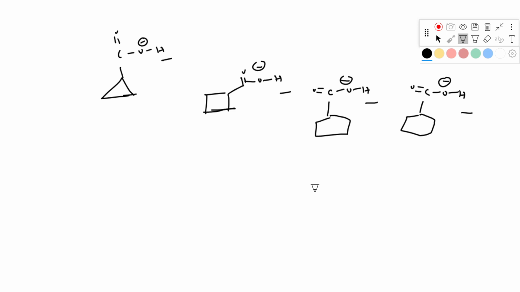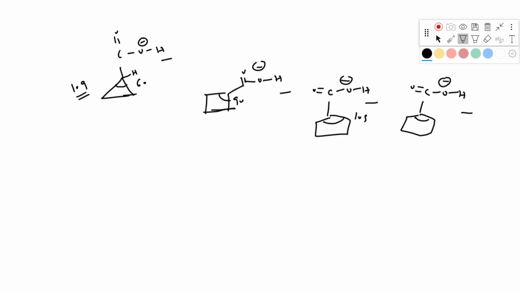Here, if you see the internal angles of these rings, this internal angle is nearly 60 degrees, right? Generally this is sp3 hybridization, so it should be 109 degrees, but because of the ring strain I have only 60 degrees here, 90 degrees approximately.